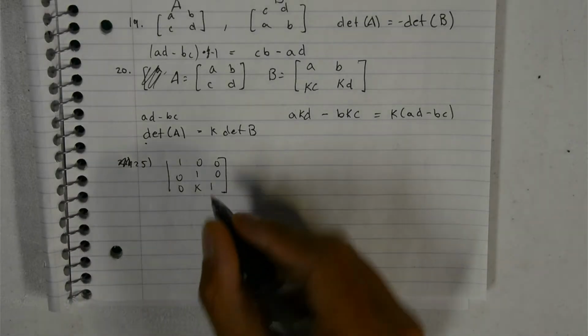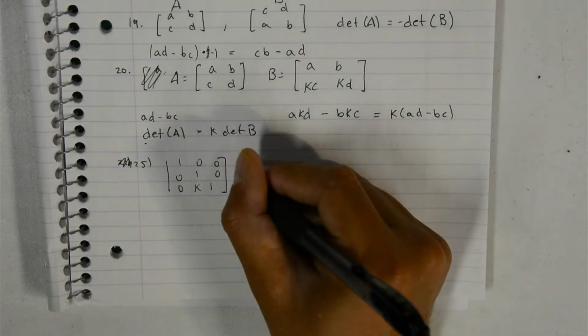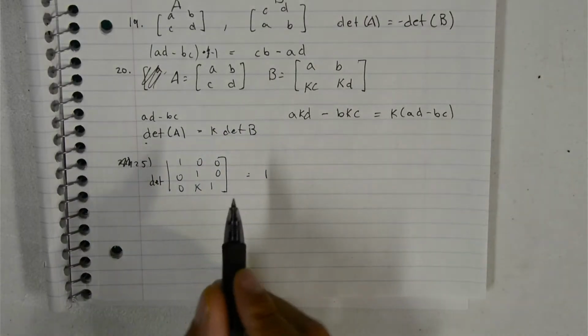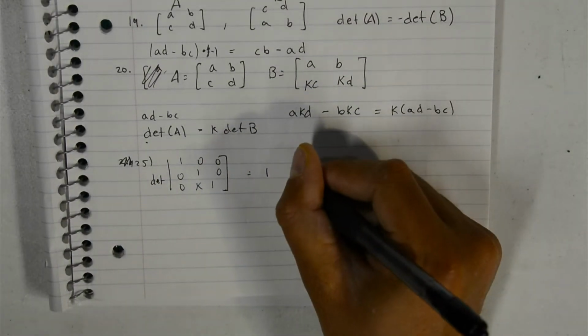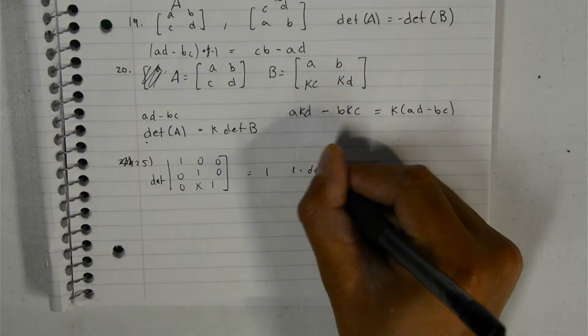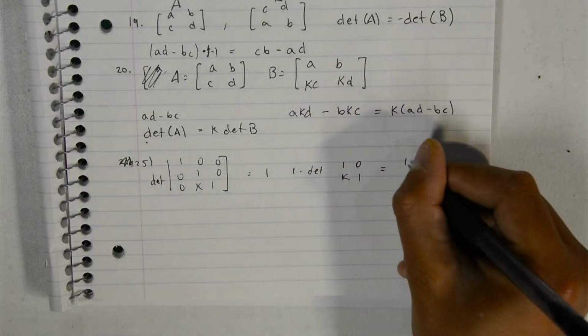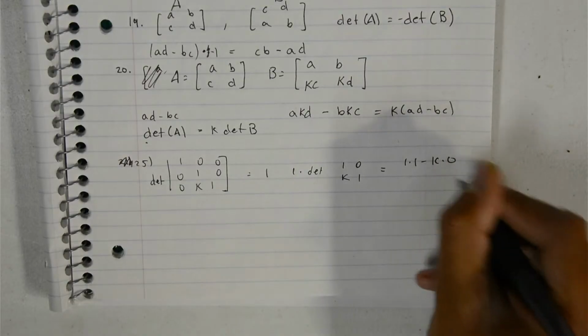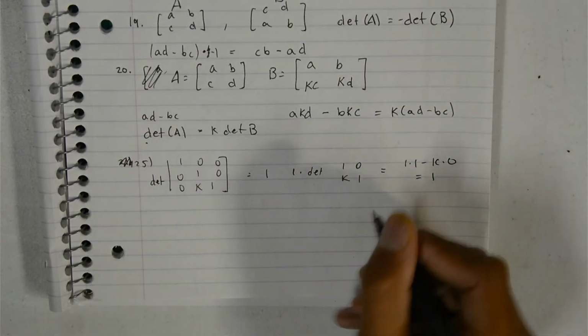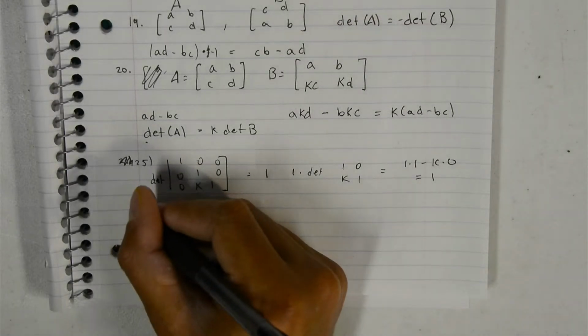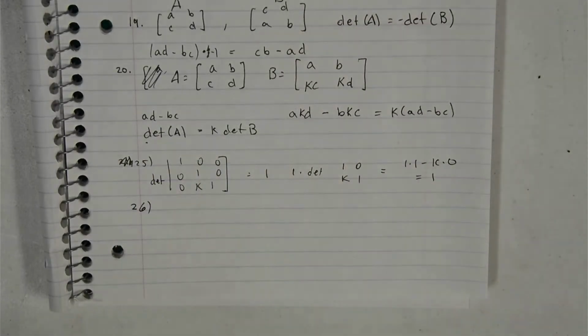Then we know that the det is equal to 1. We could see that in another way. It's going to be 1 times det of 1, 0, k, 1, which is equal to 1 times 1 minus k times 0, which is equal to 1. So the determinant is 1.